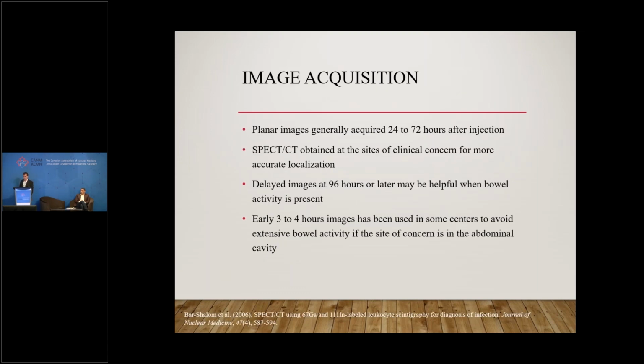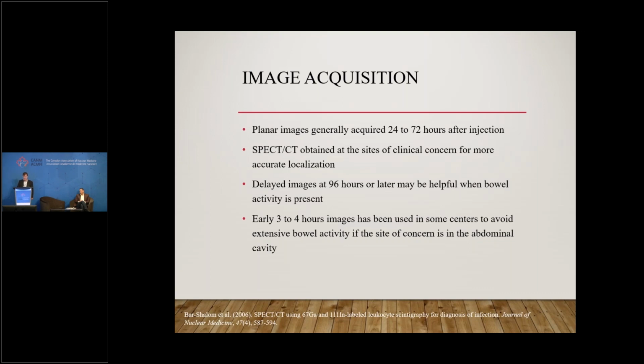Image acquisition: we do 24 to 72 hour delayed images, planar images, and we do a SPECT CT at the site of clinical concern for more accurate localization.